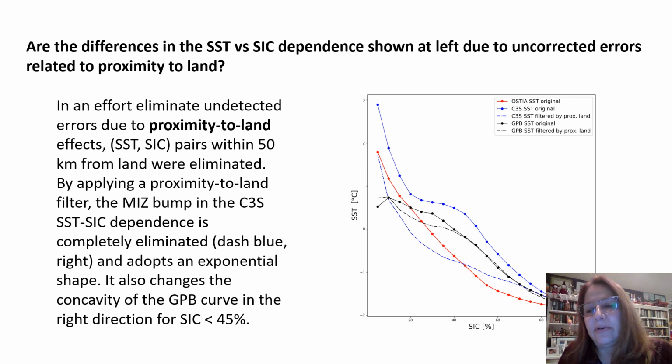We have in red Ostia for comparison, and then we have the CCI before with the dotted line and after with the dashed line, and we can see that we are able to eliminate the bump by removing pixels in close proximity to the land. The effect is not so strong for the GHRSST blended, but we can see that we're able to change the concavity of the curve for sea ice concentrations less than 45%.